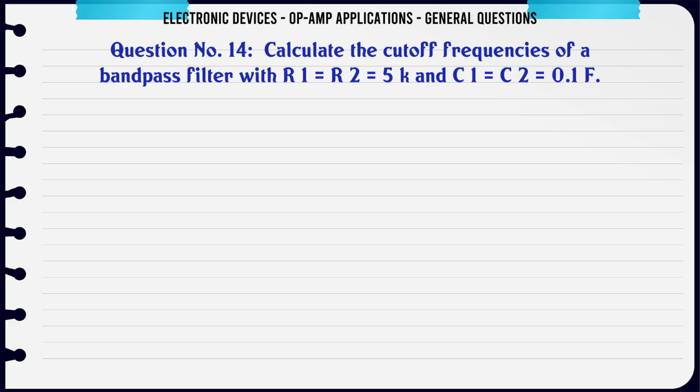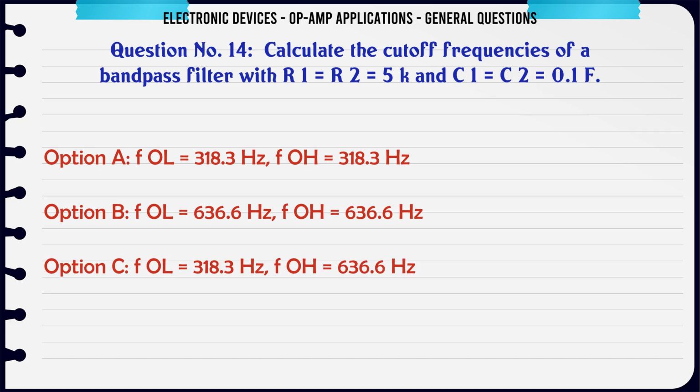Calculate the cutoff frequencies of a bandpass filter with R1 = R2 = 5 kΩ and C1 = C2 = 0.1 µF. A: FOL = 318.3 Hz, FOH = 318.3 Hz. B: FOL = 636.6 Hz, FOH = 636.6 Hz. C: FOL = 318.3 Hz, FOH = 636.6 Hz.